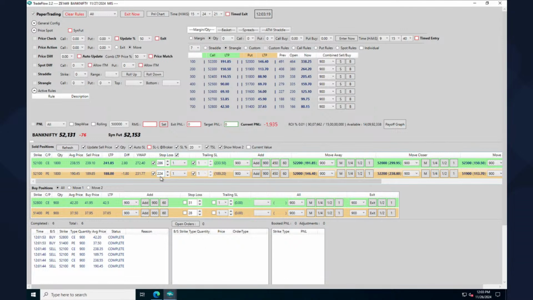So this will become 220. Now, as you can see, this actually reduced. So the trailing stop loss you can also apply. So that's where you will be able to do a lot of automation without spending a lot of time in front of the screen. That's a good advantage. So I'll leave the paper trading for now and then see what's going to happen to this particular trade a little later.